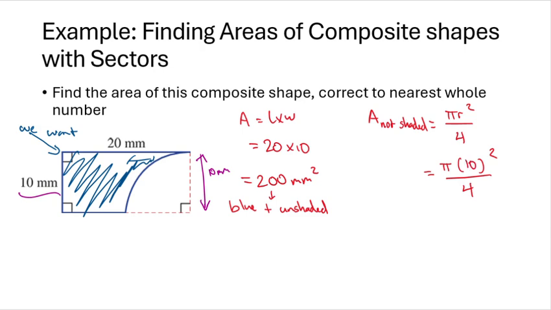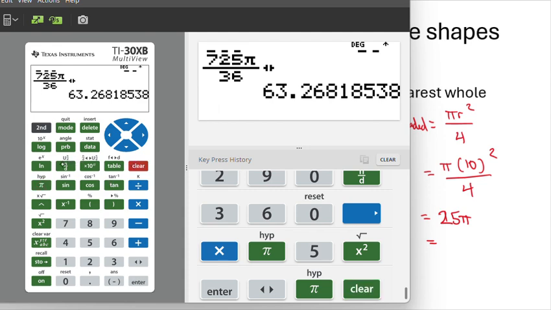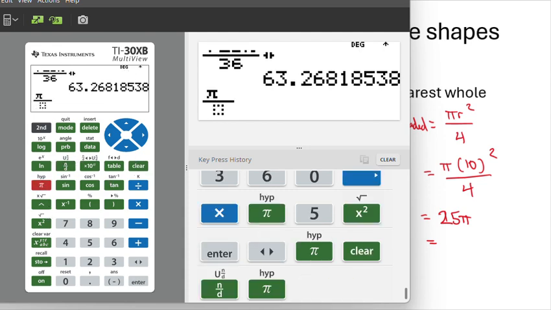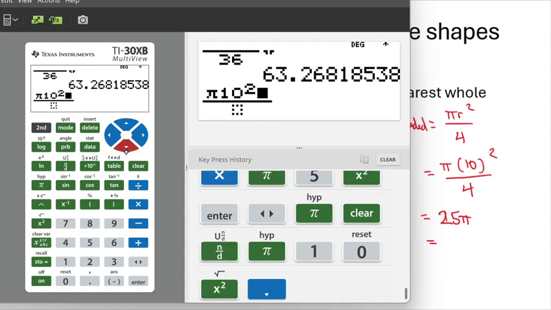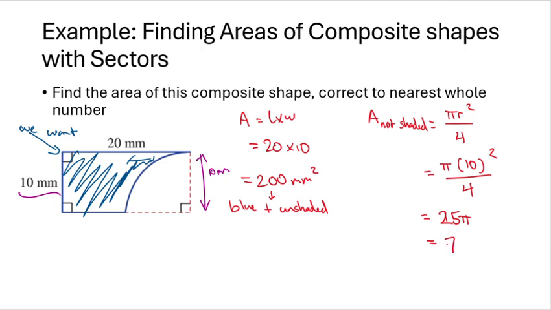So we're just going to use 10 as our radius now. If I type this exactly, so pi times 10 squared over 4, we end up with 25 pi. And if I change that to decimal form, it's 78.54.